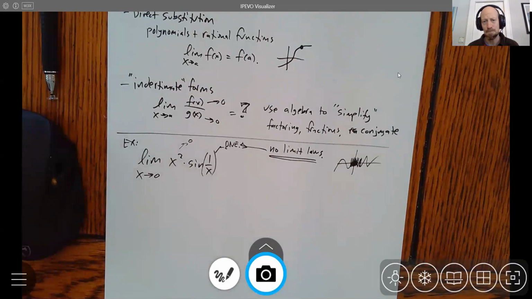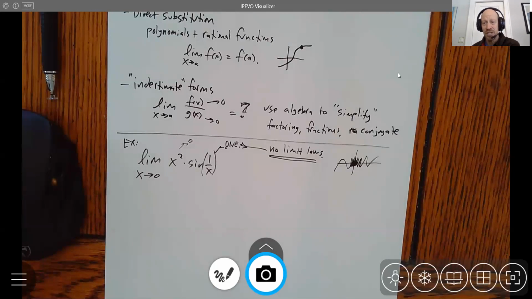So we're a little bit stuck here. It's not a polynomial or rational function, so direct substitution isn't going to work, and it's undefined there anyway because of the 1 over 0. It's not really this indeterminate form. We're sort of stuck.